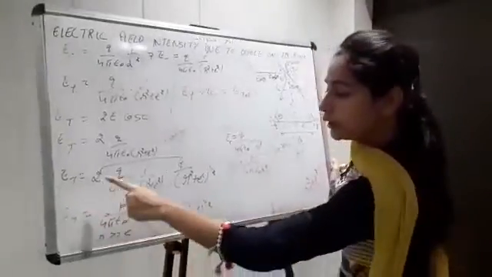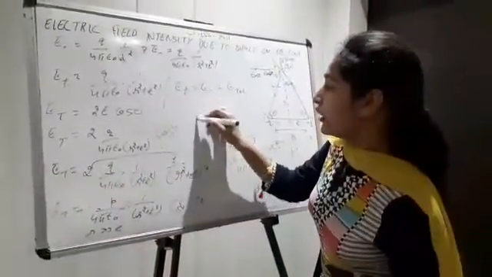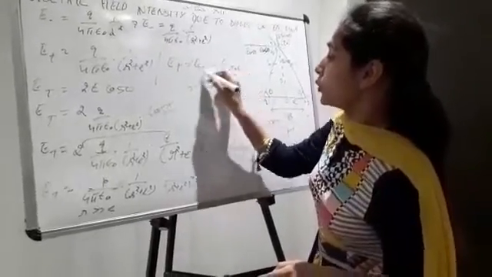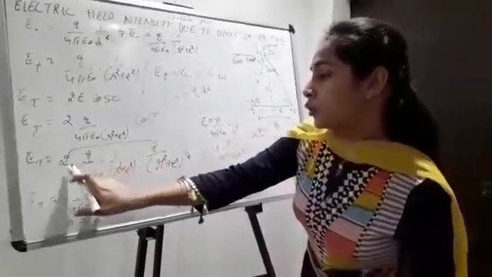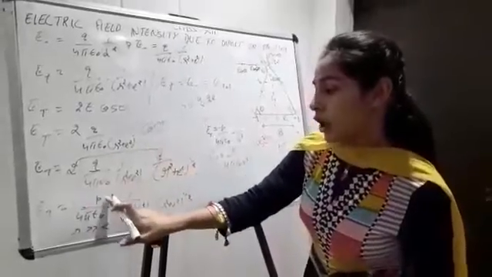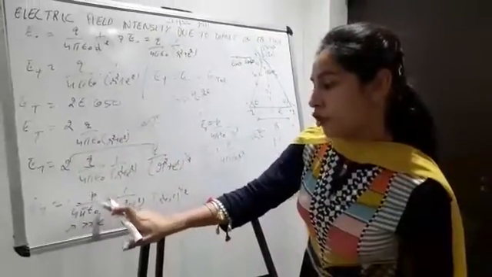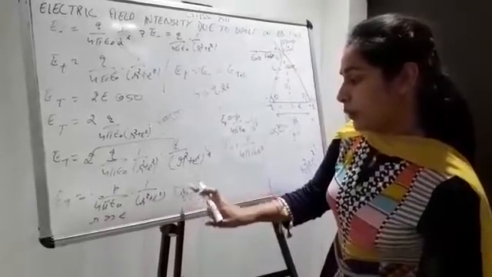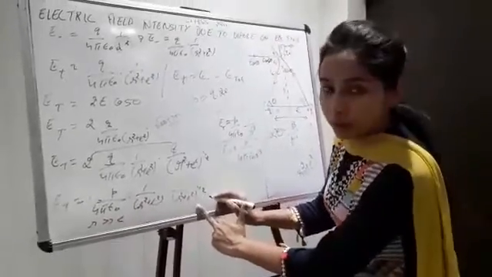Now for E total, we have studied in the last topic that dipole moment is equal to q into 2L. So q into 2L, by combining this we got P, that is P upon 4 pi epsilon naught into 1 upon R square plus L square into 1 upon R square plus L square to the power 1 by 2.